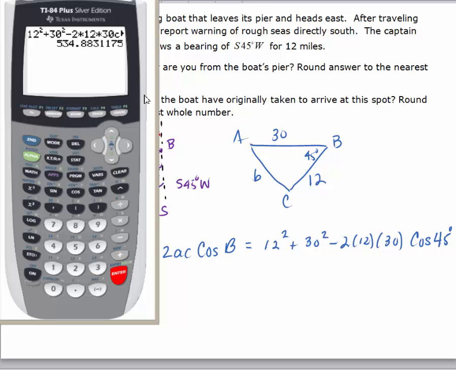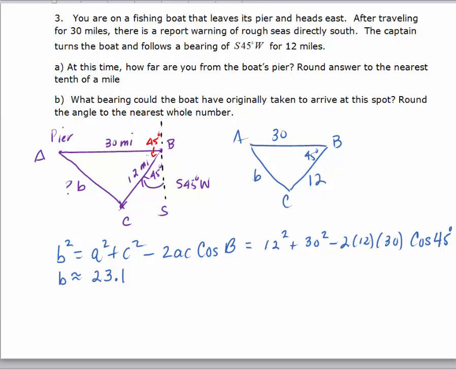Hit enter, and then raise it to the 1/2 power, or do second x squared, which is square root, which would give you the answer. Hit enter, and you get approximately 23.1 as the length of B. So the distance between the boat and the pier is approximately 23.1 miles.